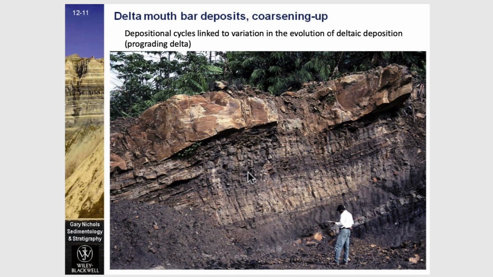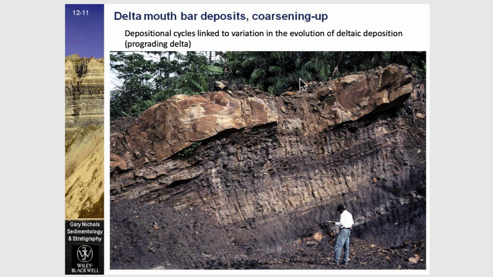So you have an example of delta mouth here with bar deposits which are coarsening-up. So you find essentially siltstones here at the bottom which show quite distinct stratification with preservation of organic matter. So muds are deposited, and at the top you find more sandy material.